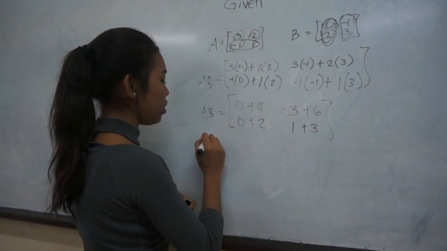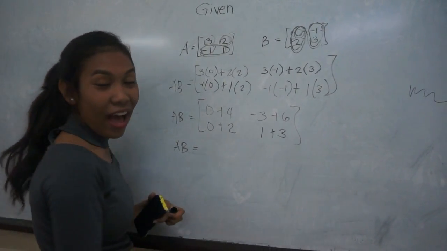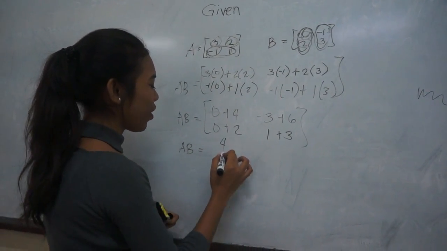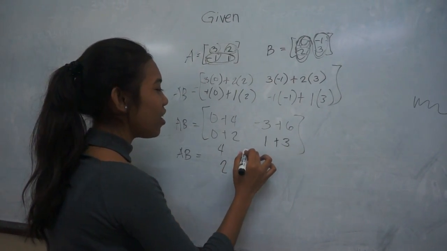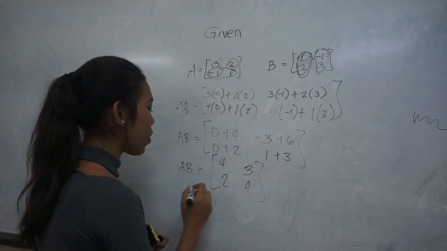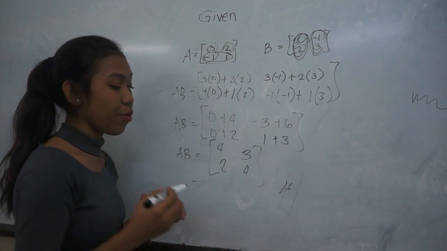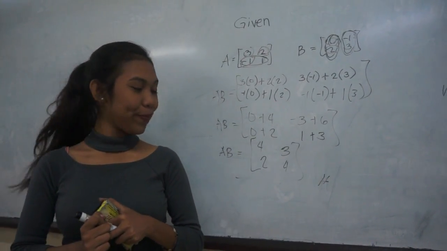Next thing we do is add these numbers: 4, 2, 3, and 4. So the product of matrix A and B is equal to 4, 3, 2, and 4.